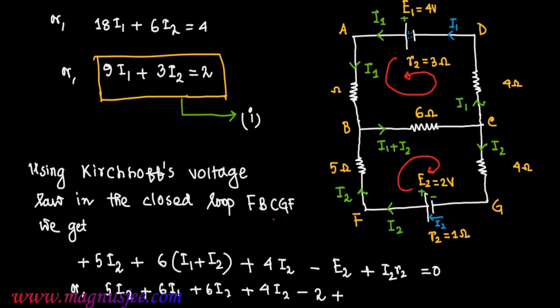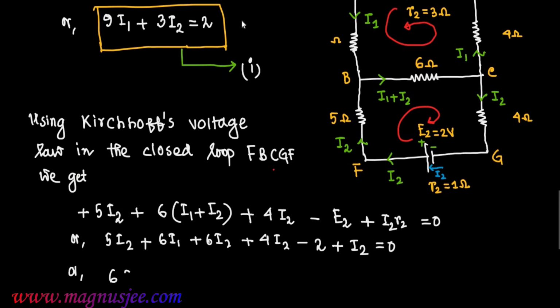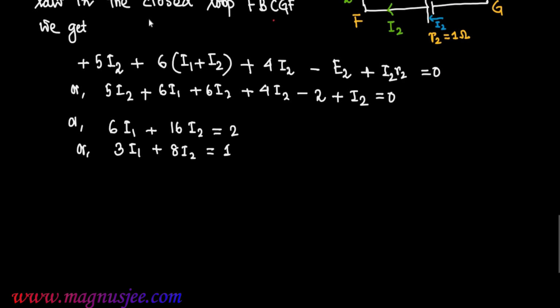Then simplifying, we get 5I2 plus 6I1 plus 6I2 plus 4I2 minus 2 plus I2 equals 0, or 6I1 plus 16I2 equals 2, or 3I1 plus 8I2 equals 1.